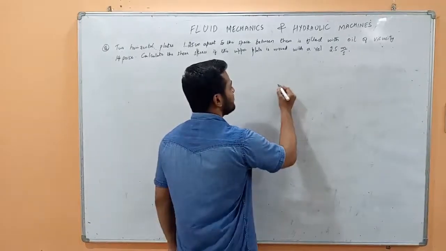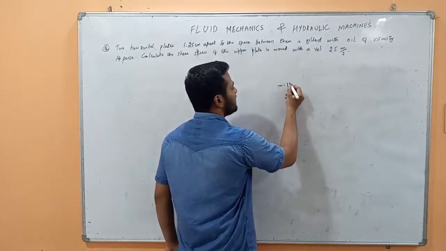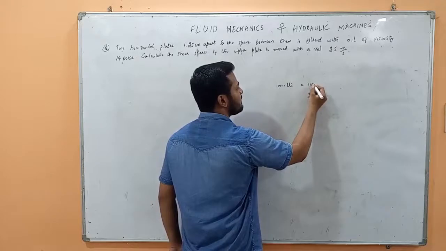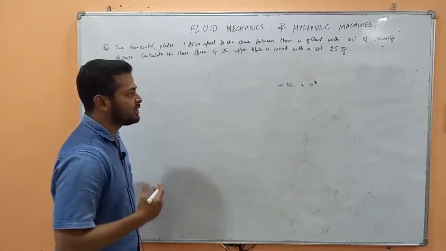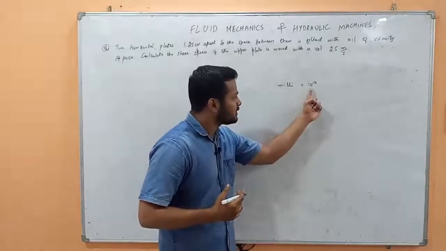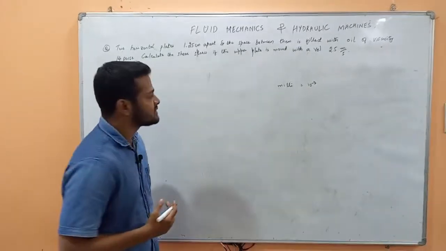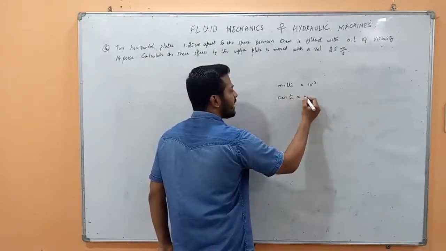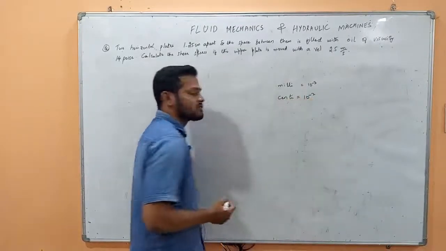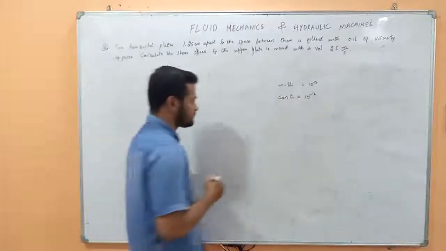So first, what is the value of milli? Milli means 10 power minus 3. So whenever you come across the word milli, I will substitute that with 10 power minus 3. If I have centi, I will write 10 power minus 2, because centi means 10 power minus 2.